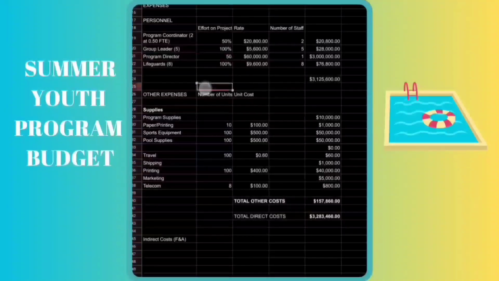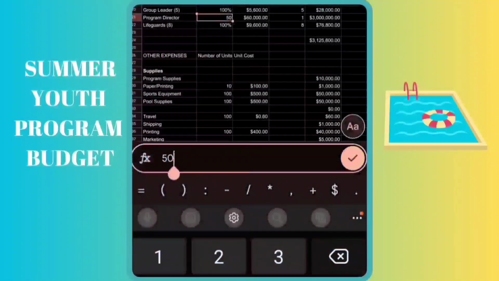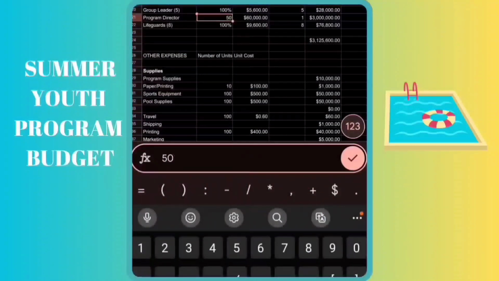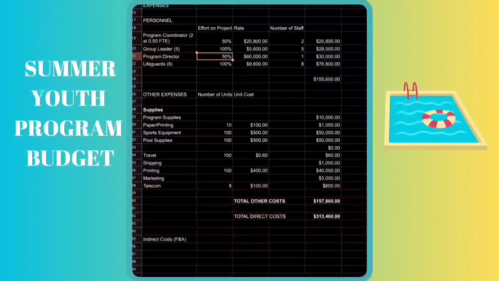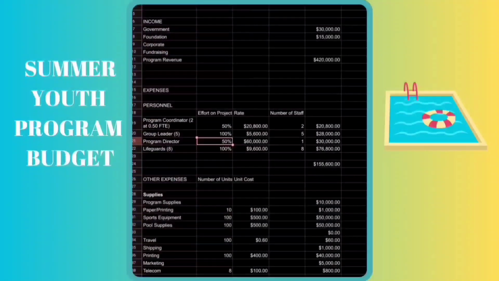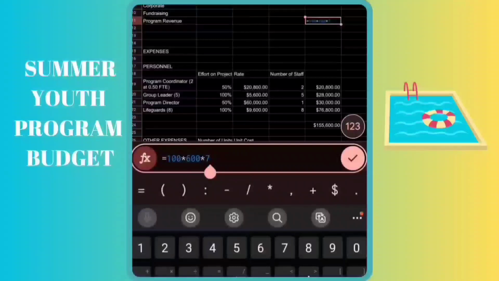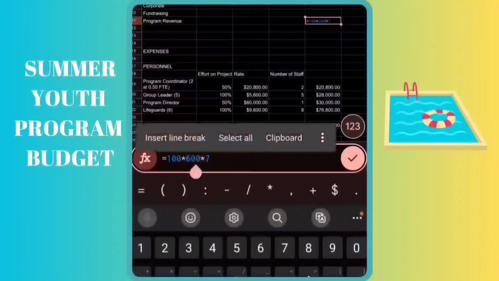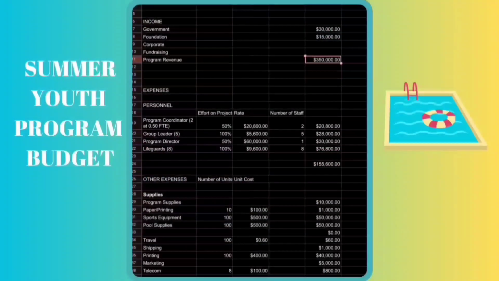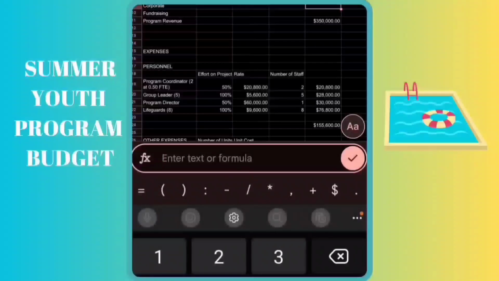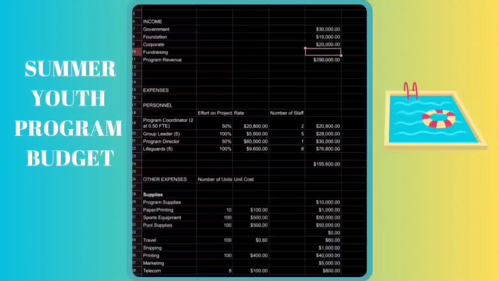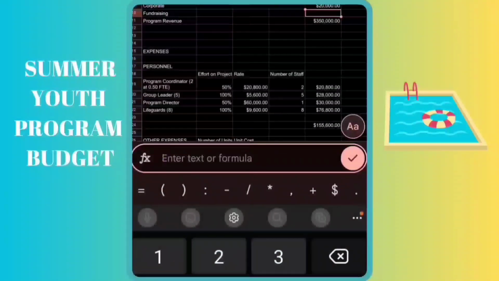And now I'm thinking perhaps the program director is 50% on the project because they're planning during the year. They're fundraising. They're overseeing the grants. The program revenue perhaps is higher than necessary. How much would the corporate fundraising income be?